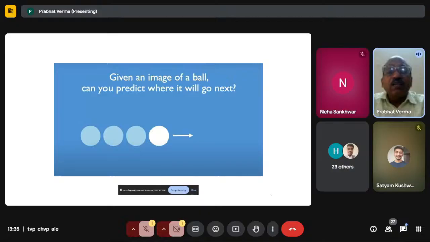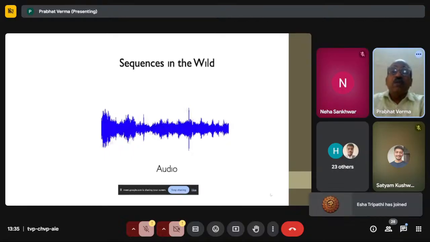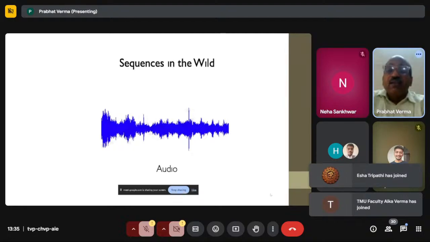Sequence matters in modeling when time is involved, when sequence is involved in the form of various events. There are so many real life examples where sequence plays a role, like audio, our speech, for example. Speech is also a sequential or time dependent signal, where precedence is important.